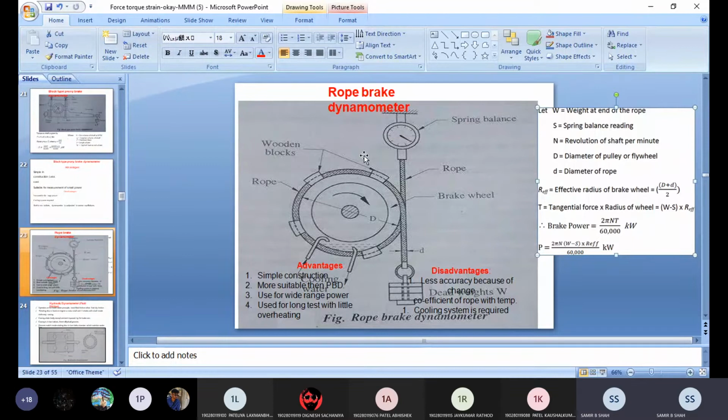The upper end of the rope is connected to a spring balance, while the lower end carries a dead weight. You can just see the figure. It is very clear in the figure.